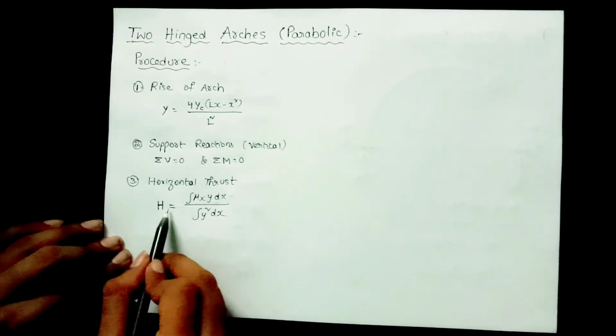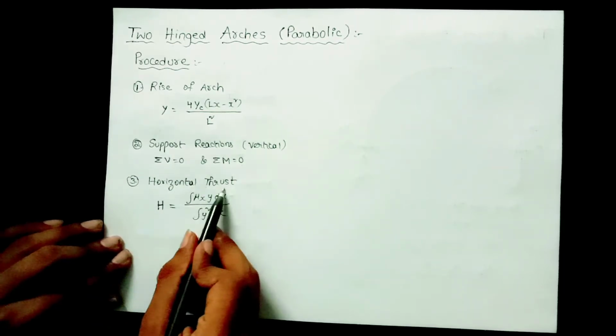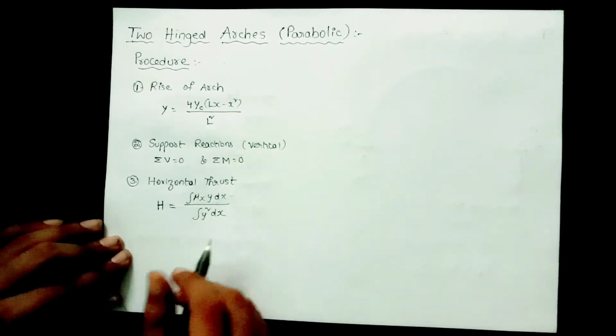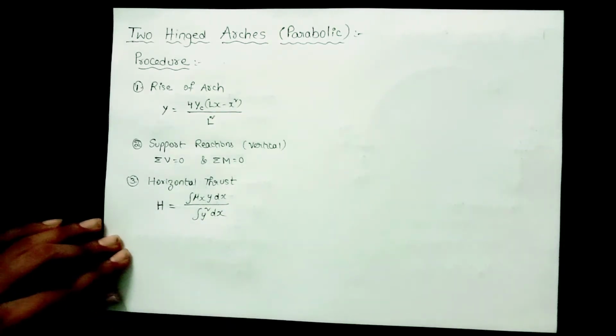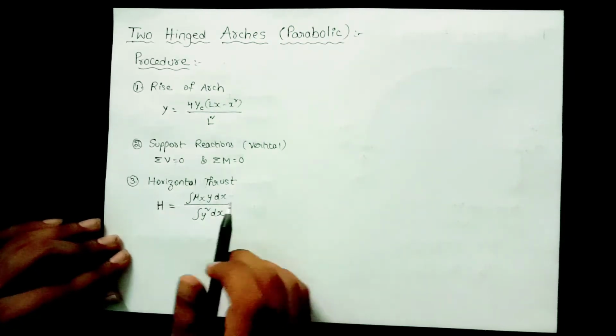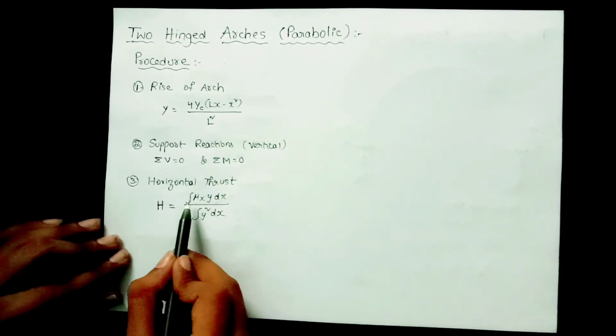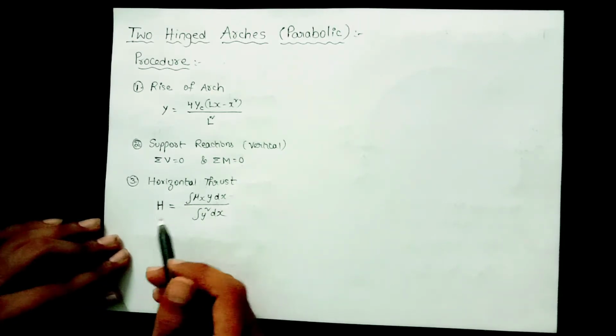This formula is derived in the previous video. If you haven't seen that video, as usual the link will be in the description, and you can watch the derivation of this formula there. By using this formula, we can calculate the horizontal thrust.